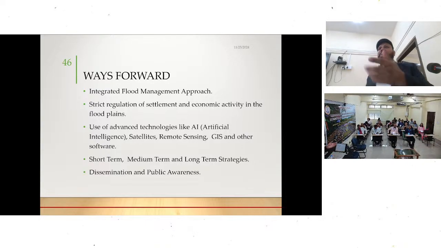For example, we constructed a lot of embankments and other flood protection in Majuli. What happened? There was erosion in the Nimati Ghat area in Jorhat.